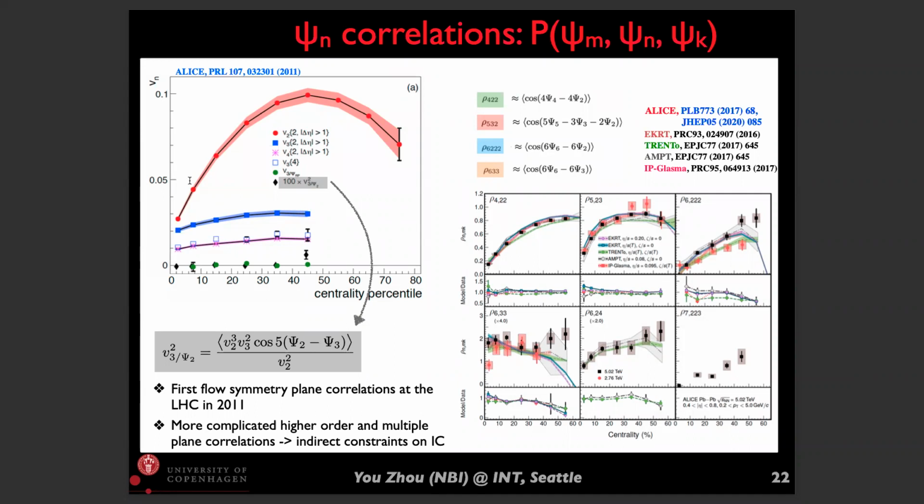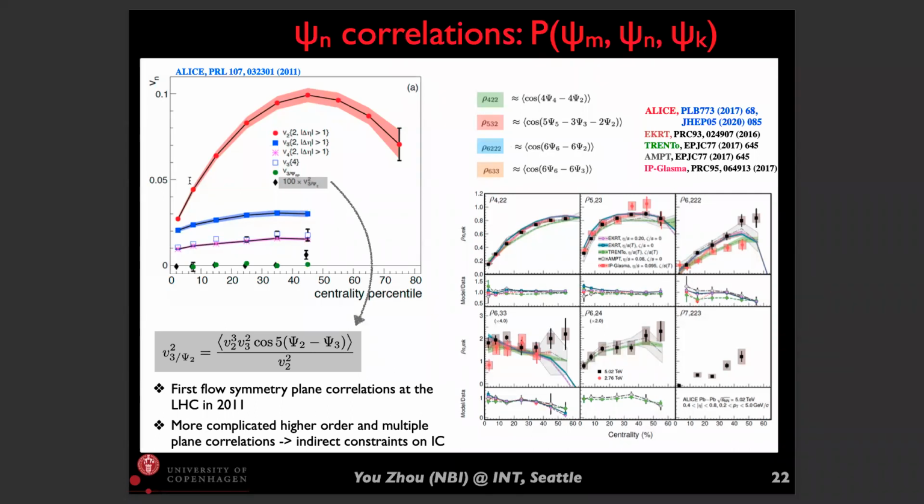That's an early measurement done 12 years ago. But then on the right-hand side, we have the more precise measurements at around 2 TeV collision. And here you have the correlation between psi2 and psi4, which increases. And that is basically the cosine of 4 psi4 minus 4 psi2. And what does it mean?